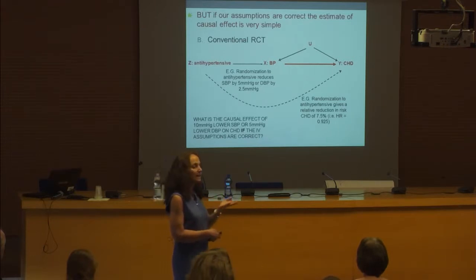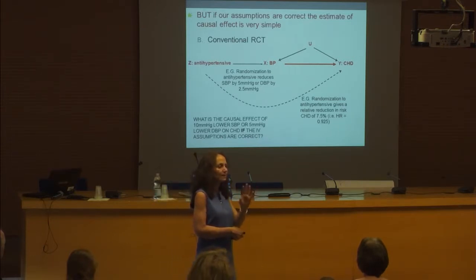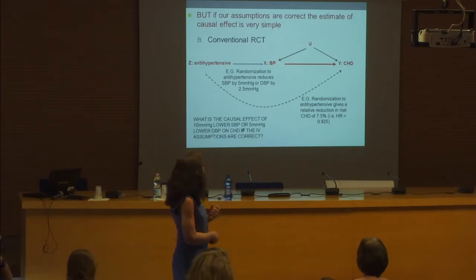And here, because antihypertensives work on both systolic and diastolic blood pressure, and the two are related to each other, you're actually measuring the joint effect of both of these.